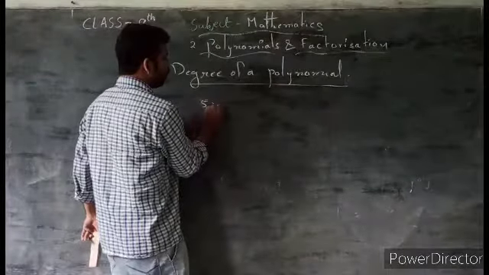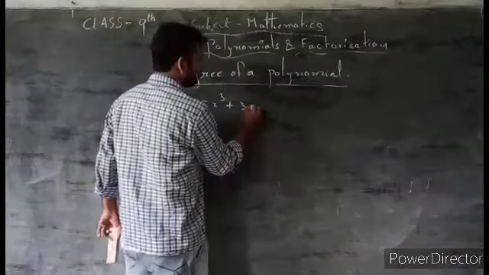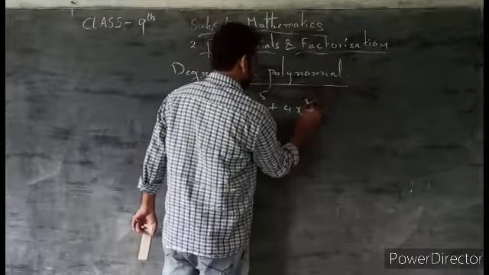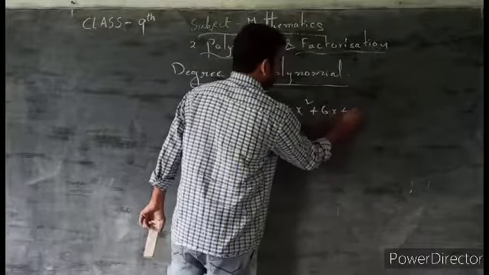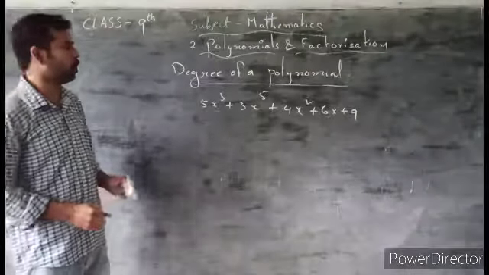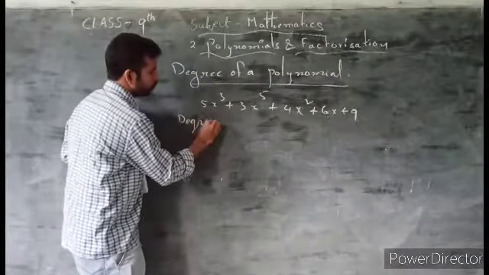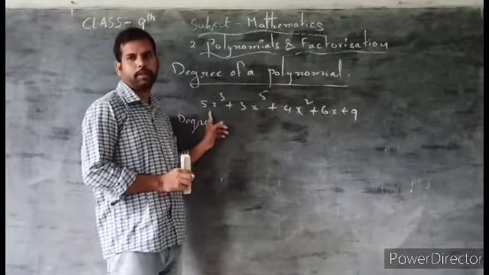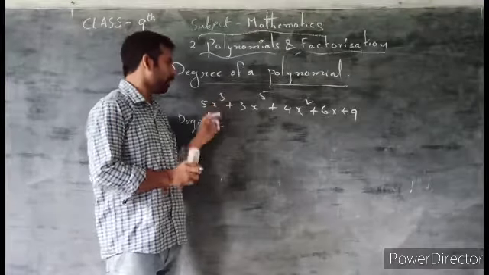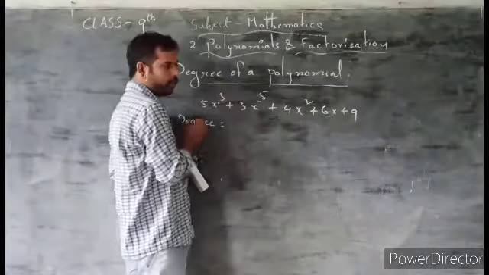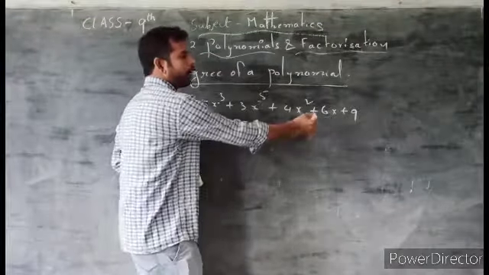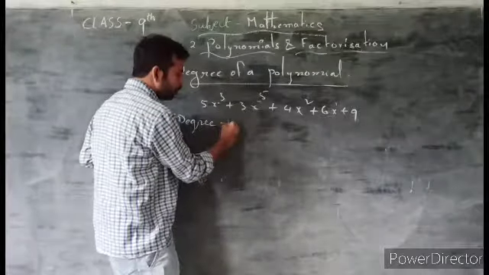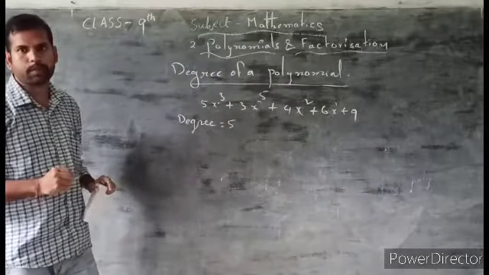For example, 5x cube plus 3x power 5 plus 4x square plus 6x plus 9. Here the exponent values are 3, 5, 2 and 1. So the highest exponent value is 5, and the degree of the polynomial is 5.